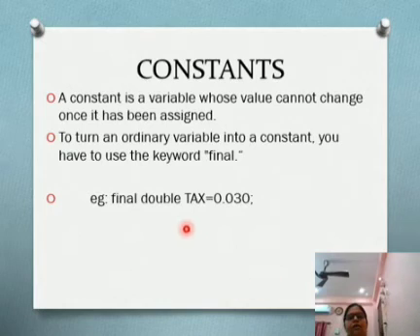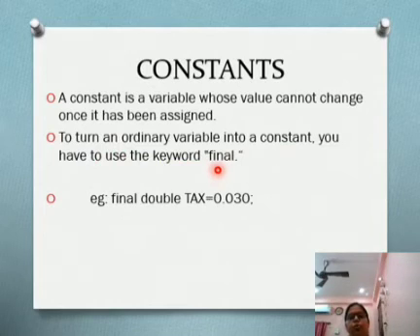Now constants. A constant is a variable whose value cannot change once it has been assigned. Meaning if we have assigned any value, and we write it as a constant, then the value is not going to be changed. To turn an ordinary variable into a constant, you have to use the keyword final.